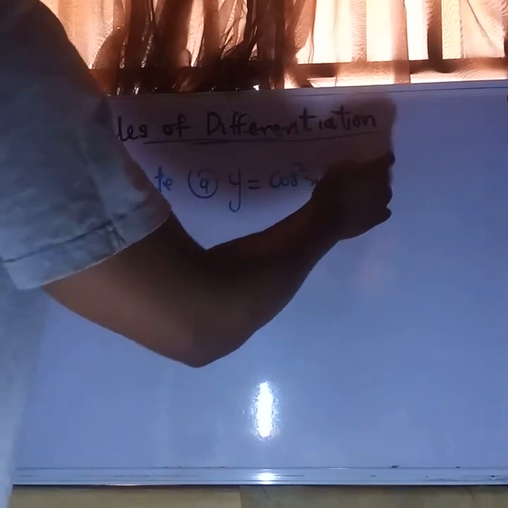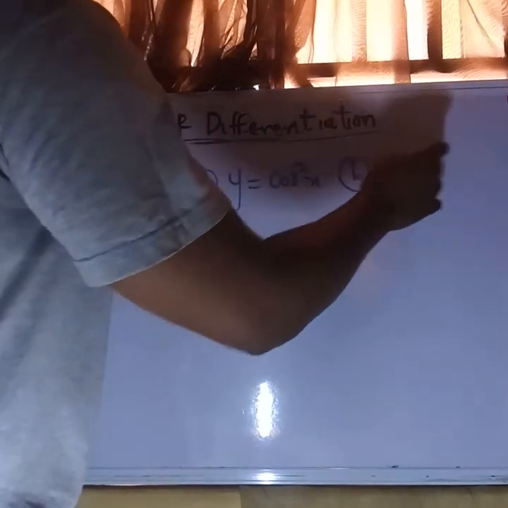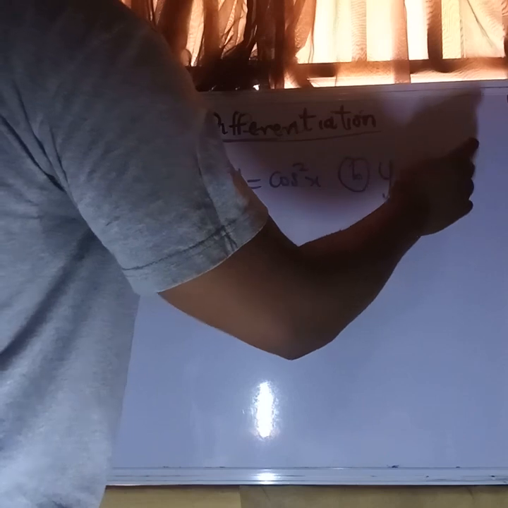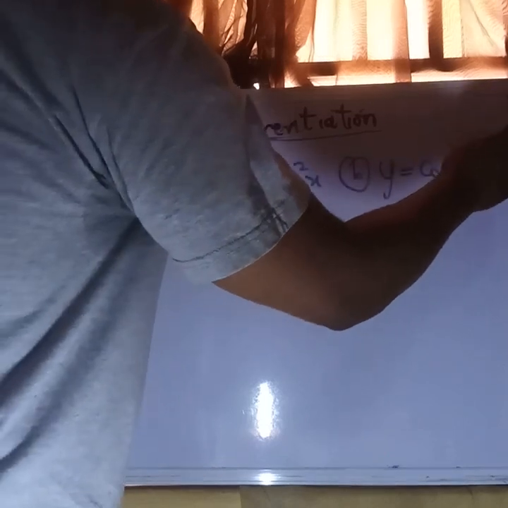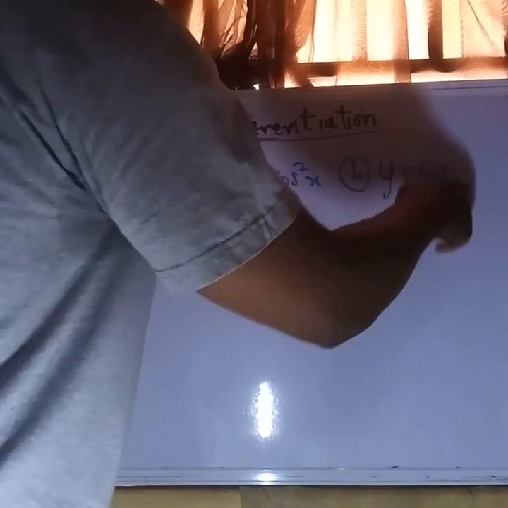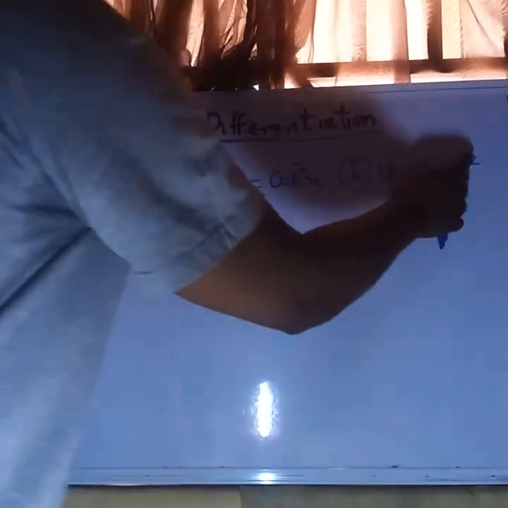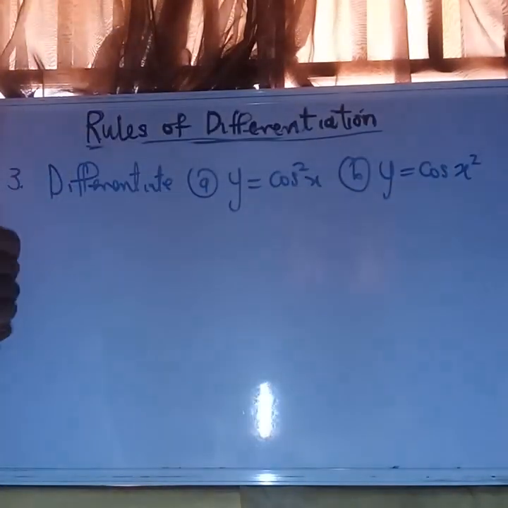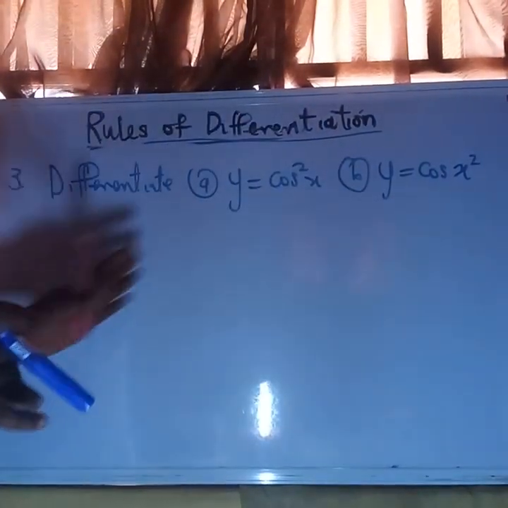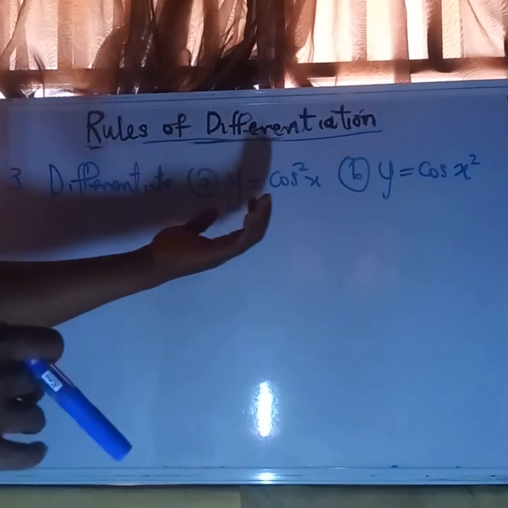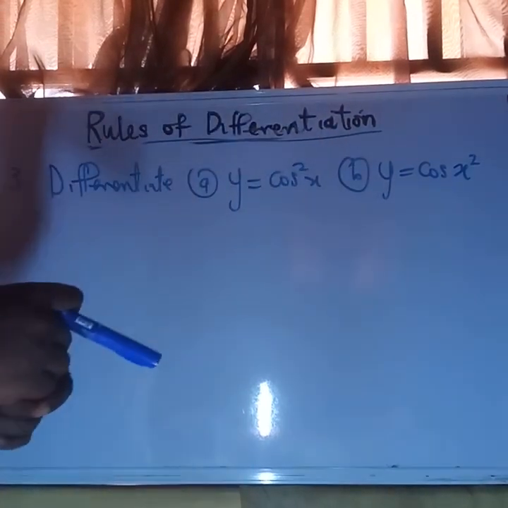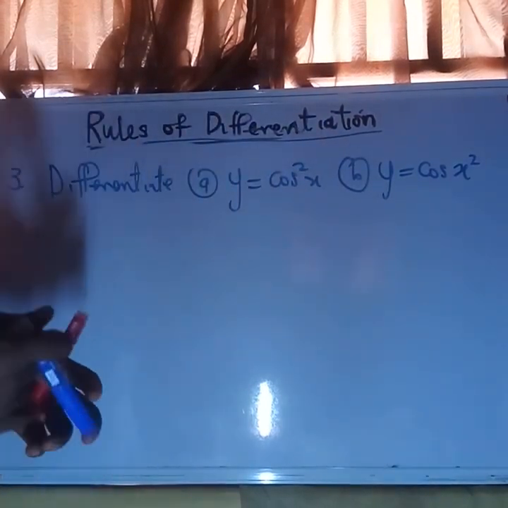If you have to differentiate a, y equal to cos square x, and b, y equal to cos x squared, with respect to the argument x, one may be confused to think they are the same, but they are not.